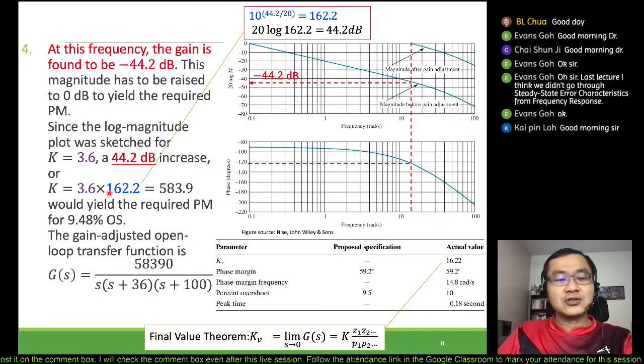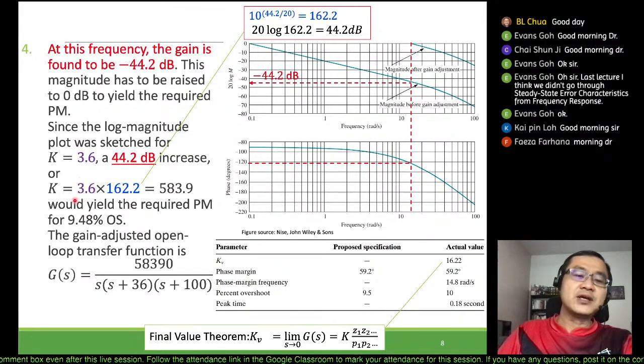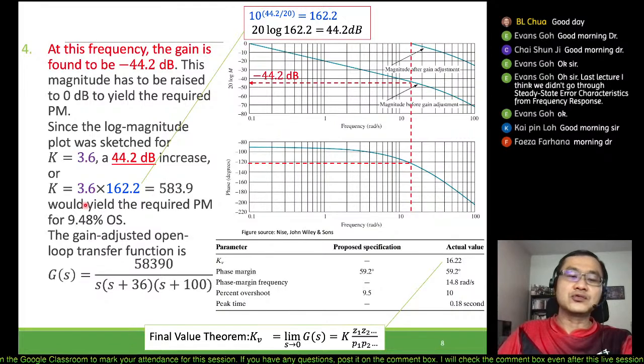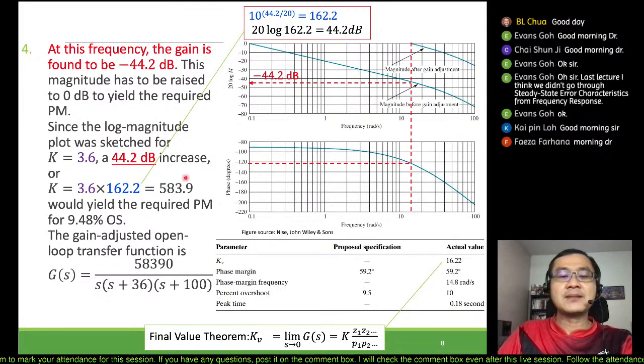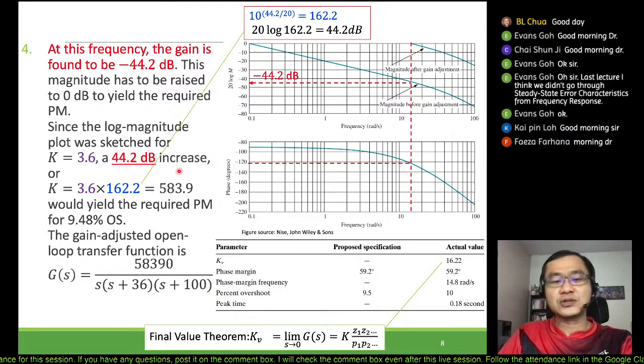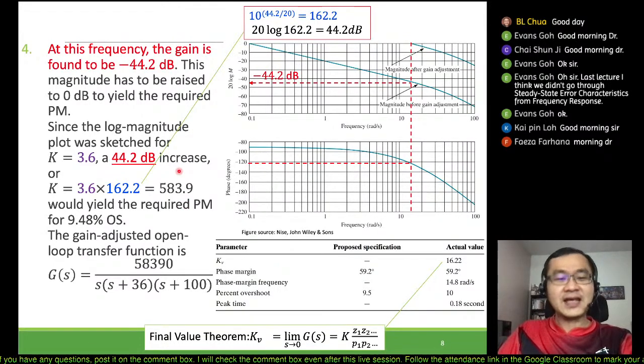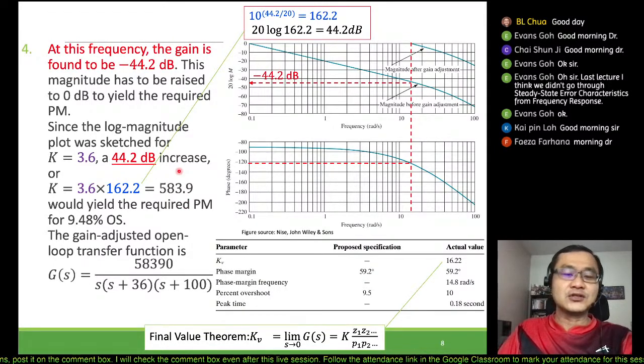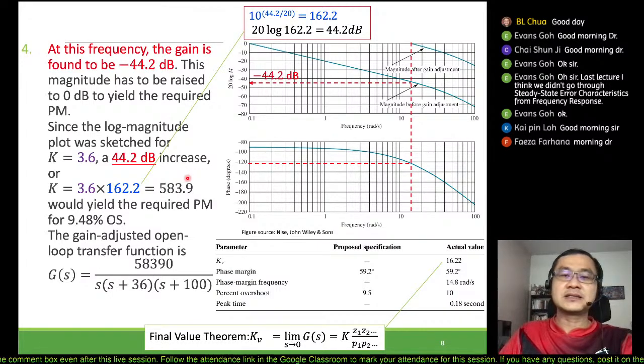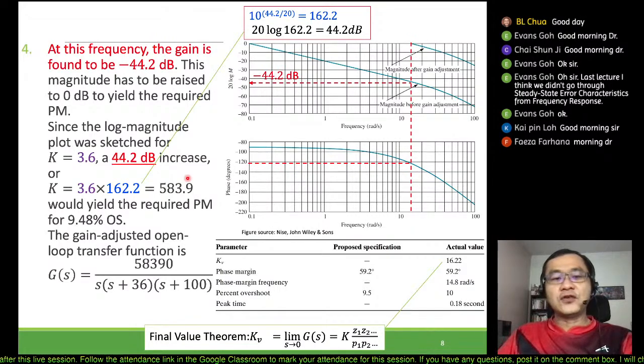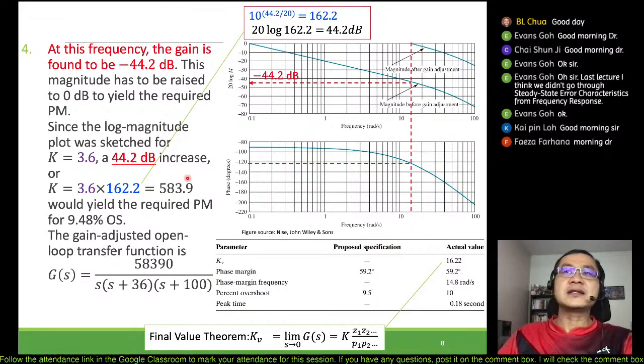From that magnitude 162.2, you have to multiply by your initial gain that we set initially, which is 3.6. When you multiply them, you get 583.9. That would be the gain that you should adjust in order to get the desired overshoot.